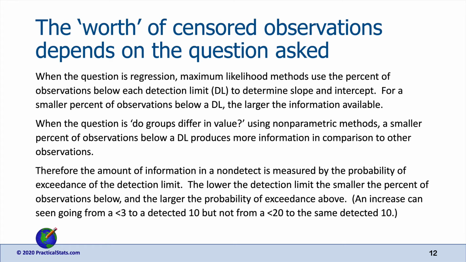That's an increase, and that's the kind of information that nonparametric tests use. So again, the lower the detection limit, the smaller percent of observations below it, and the larger probability of exceeding that detection limit. That kind of information is available.